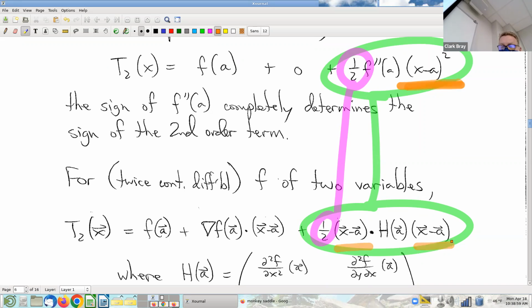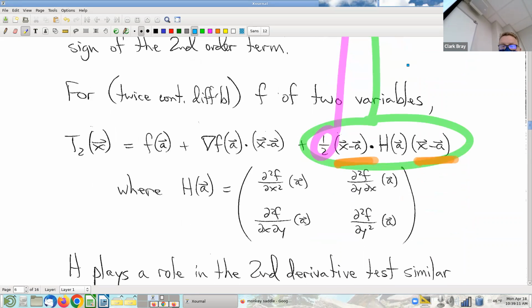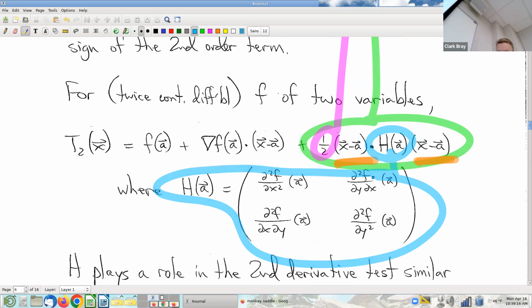Now, they're separated down here, but nevertheless, there they are, two factors of x minus a. And then the second derivative down here is a matrix consisting of all of the second derivatives, organized in the most organized way.